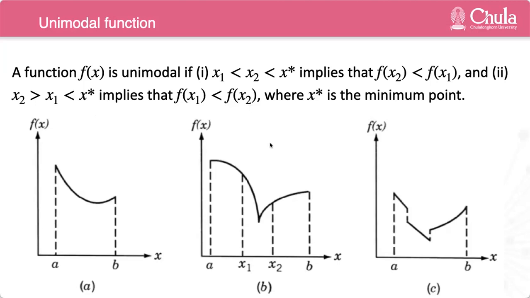If you take any point, for example this x1 and x2, you see what happened. You can try different conditions, but from theory, this represents the idea of a unimodal function, and the shape of a unimodal function in a given area has only one local minimum point. There's no inflection, okay?